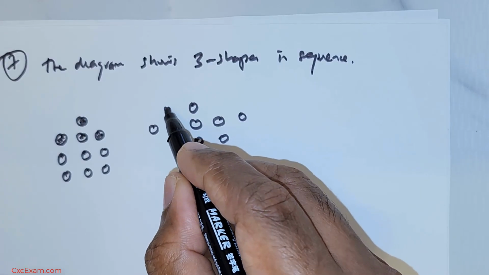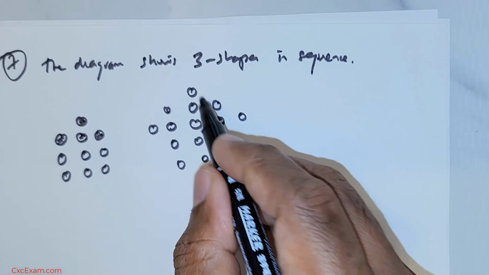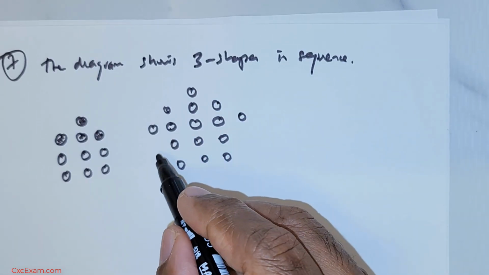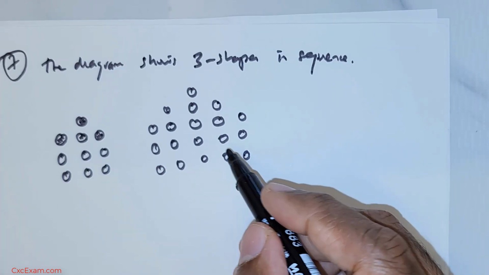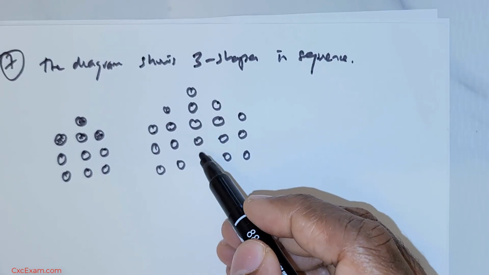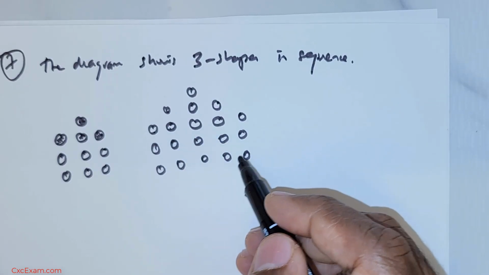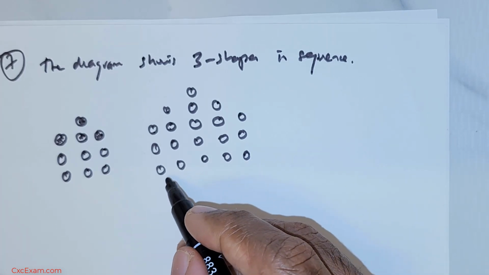Add one circle extra above this, one above this, one above this. So you got that top triangle. Now you follow it up with the circles below. So you got 1, 2, 3 circles like this.